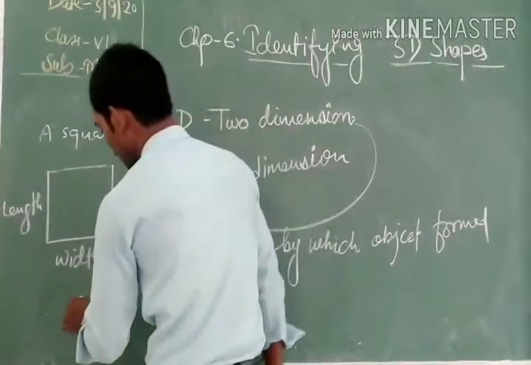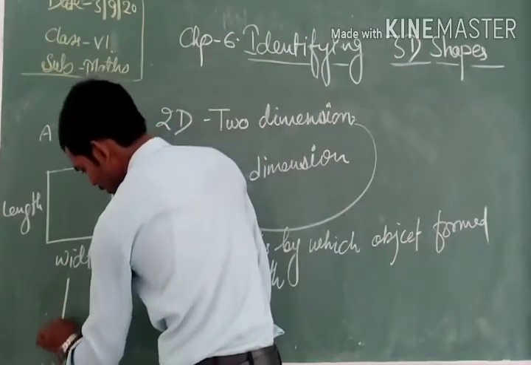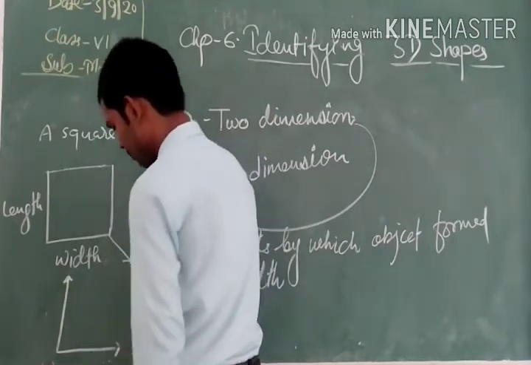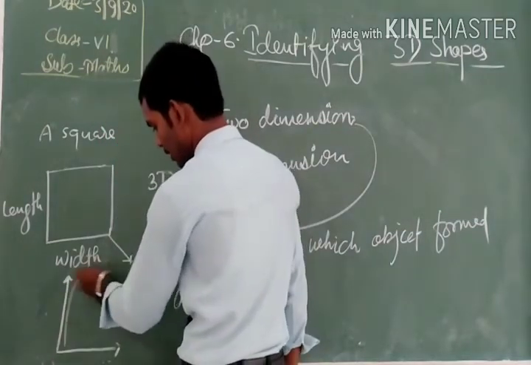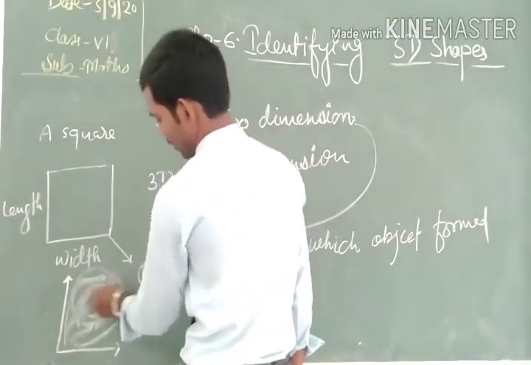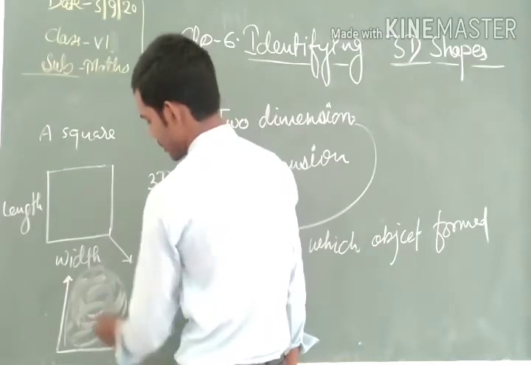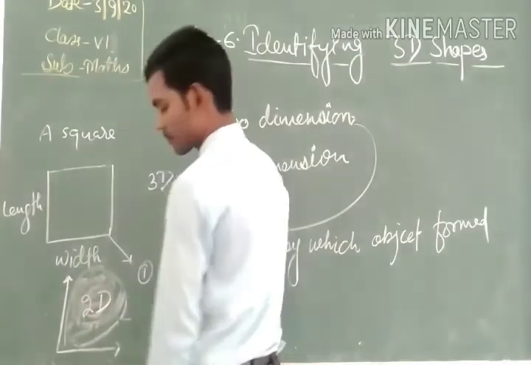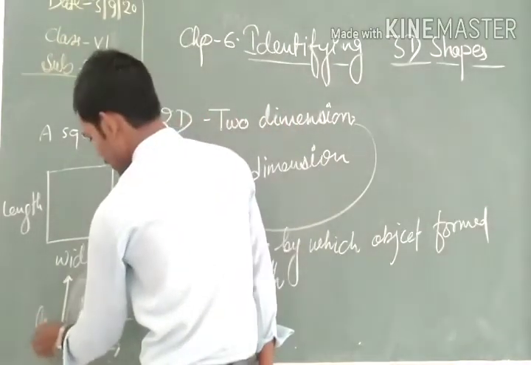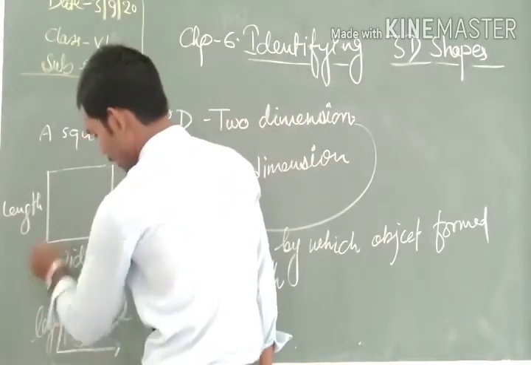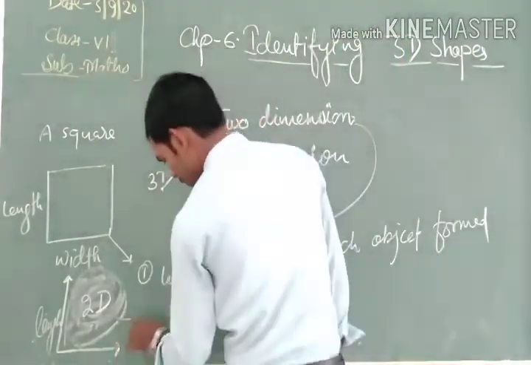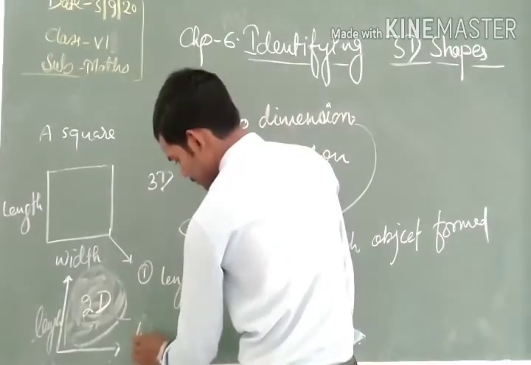And it is formed in space which is two-dimensional space, and this space is only the interior space covered by these two lines. This is 2D because this line represents length and this line represents width.